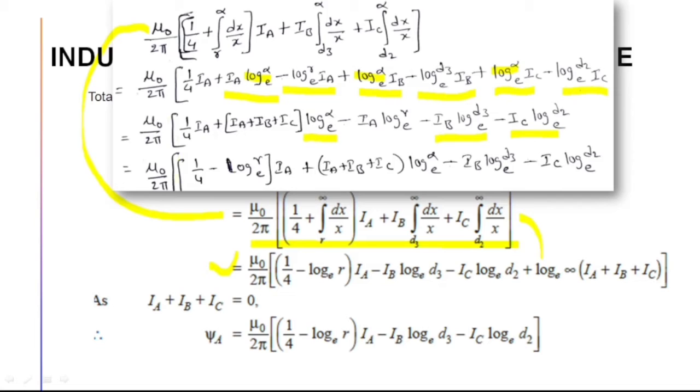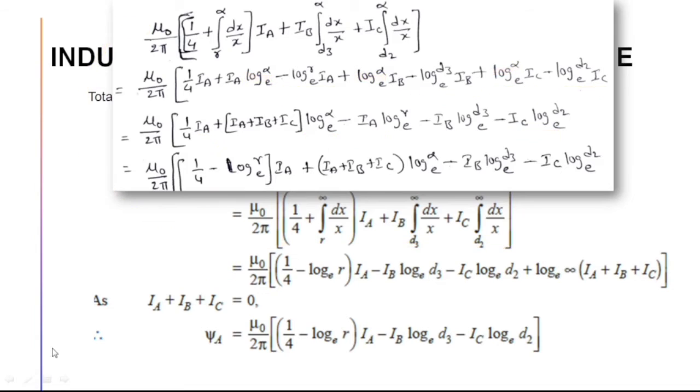Then by rearranging, in this term we have IA, and in this term also we have IA, so I am taking IA common.